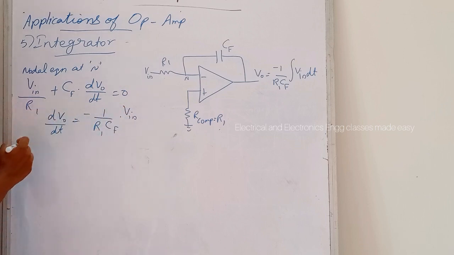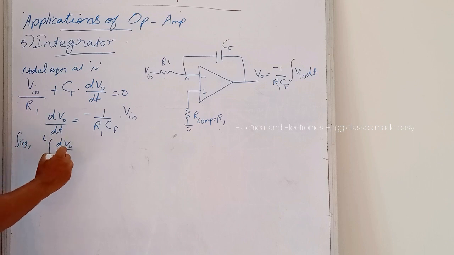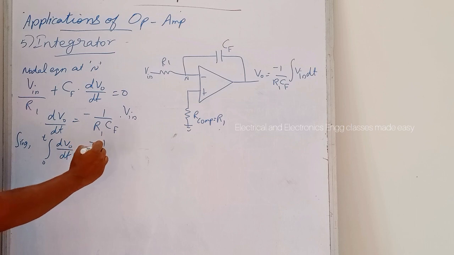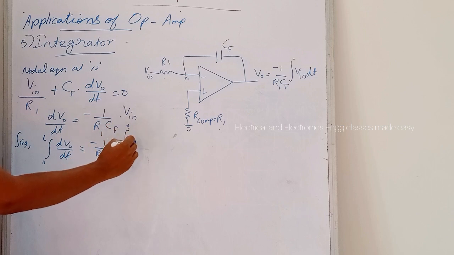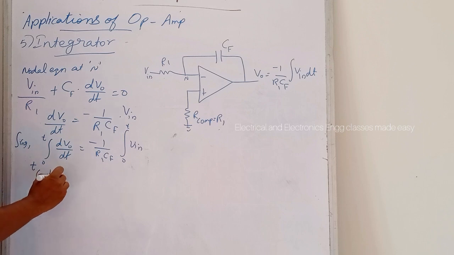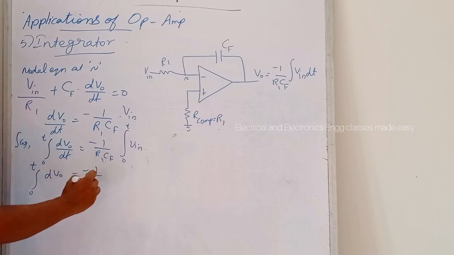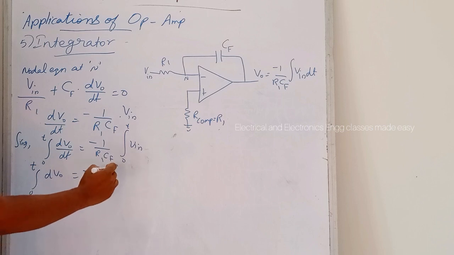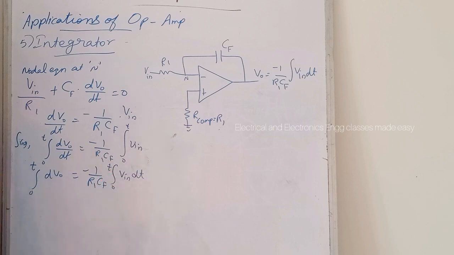Now integrating both sides, we will get integral 0 to t of dV0 divided by dt is equal to minus 1 by R1 Cf, which is constant, then integral 0 to t of Vin. Now take this dt to this side, that is integral 0 to t of dV0 is equal to minus 1 by R1 Cf integral 0 to t of Vin into dt.